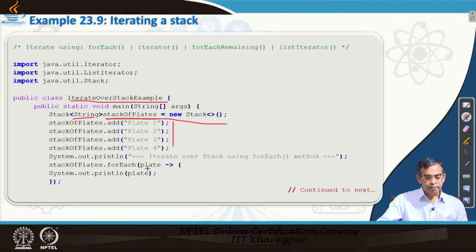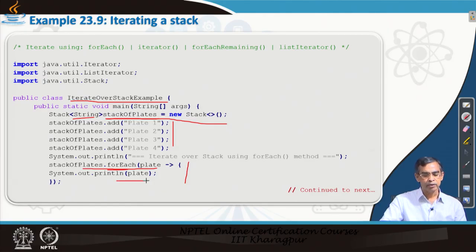Then here there is a traversal called forEach, which uses what is called a lambda expression. We will discuss the lambda expression in detail later, not now, because it is a different topic, so keep it on hold right now, but a lambda expression looks like this. For each plate, if a plate is present there, you just print it.